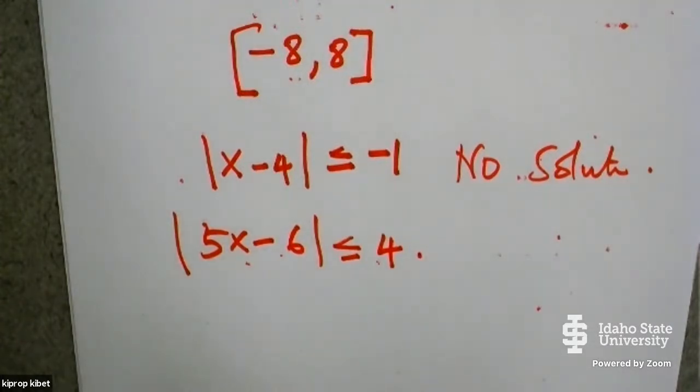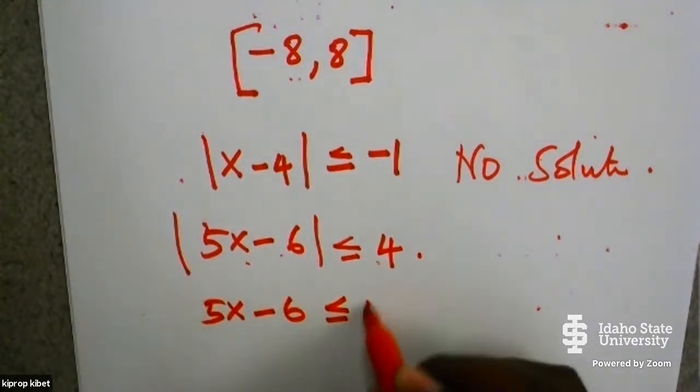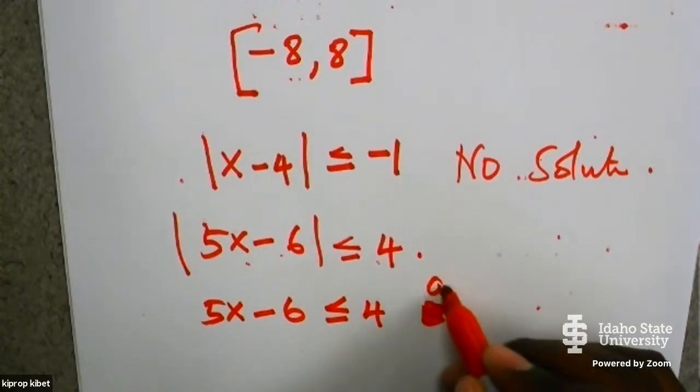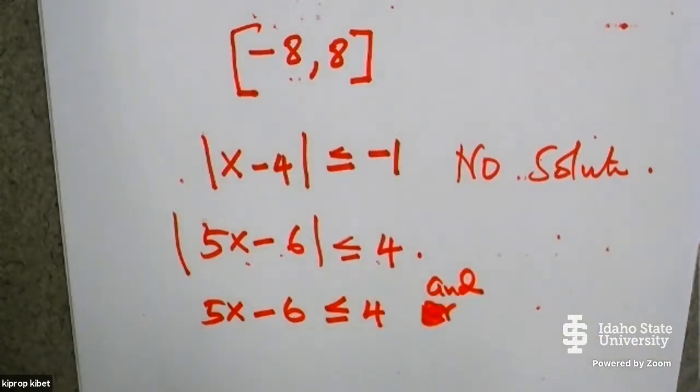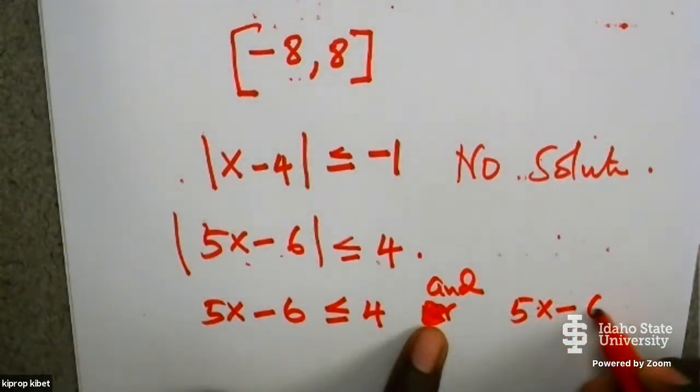The solution is 4 or negative 4, right? Now, this will be 5x minus 6 is less or equals to 4, not or, and, okay? And 5x minus 6 greater or equals to minus 4.